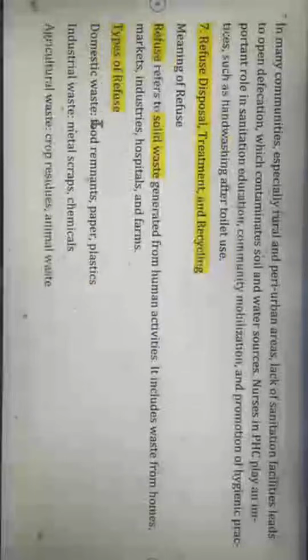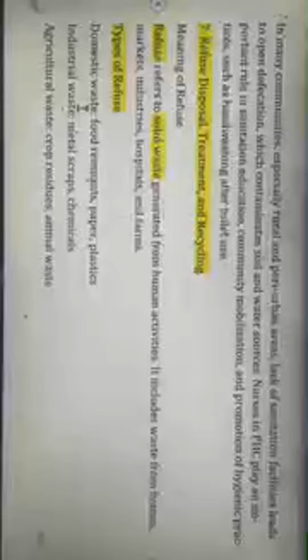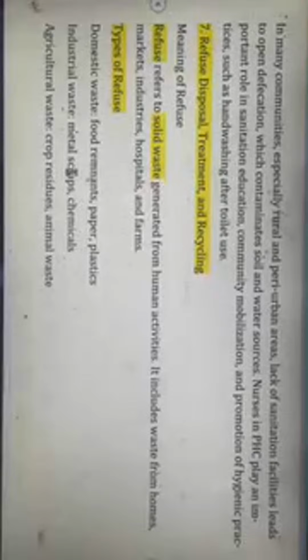Types of waste: domestic waste from home, such as paper, plastic, food remnants. Industrial waste: metal scraps, chemicals from industries.